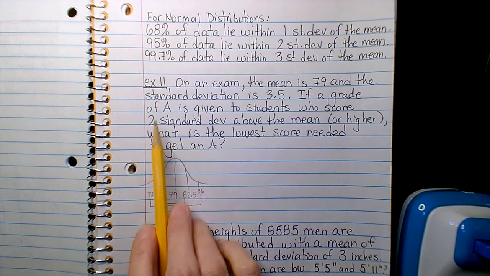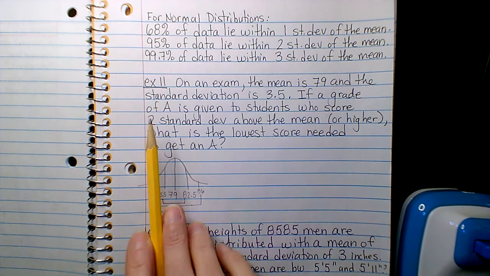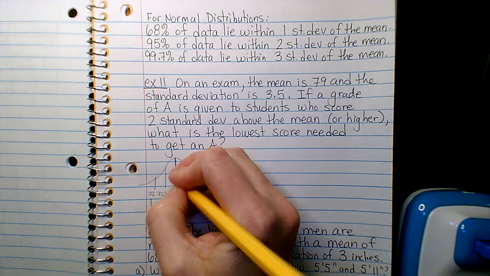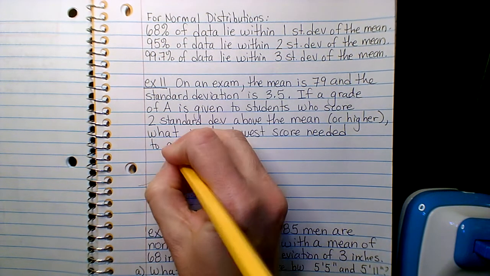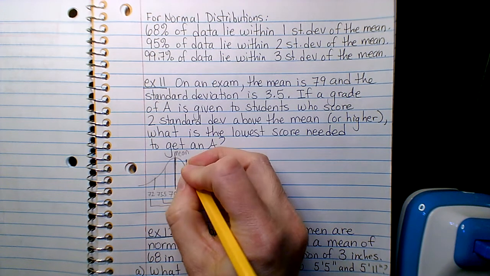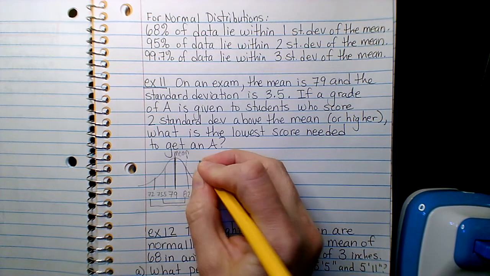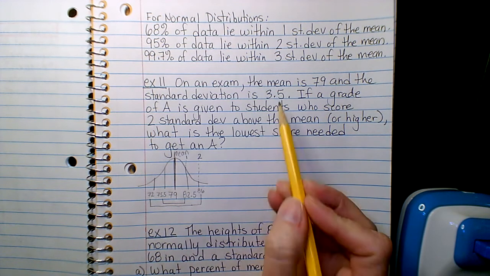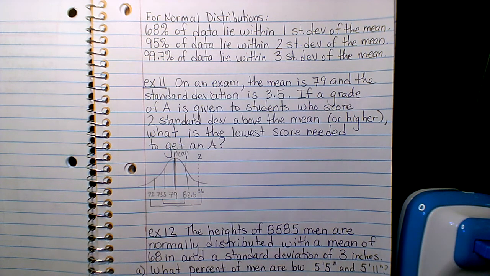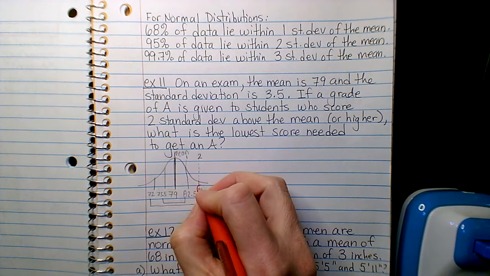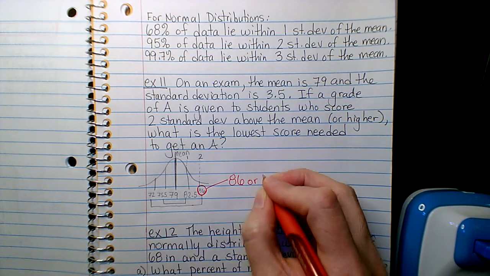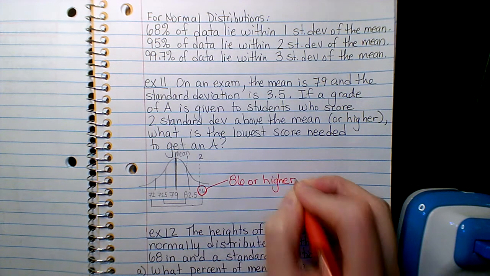But it says that a grade of A is given to anyone who scores 2 standard deviations above the mean or higher. So there's the mean. Here's 1 standard deviation. Here's 2 standard deviations, because I added this standard deviation once and then again. So what this tells us is that anybody that makes an 86 or higher gets an A.